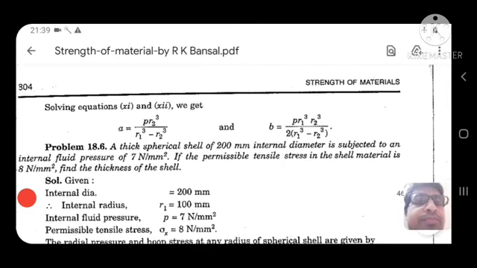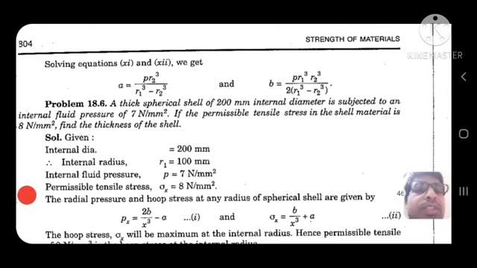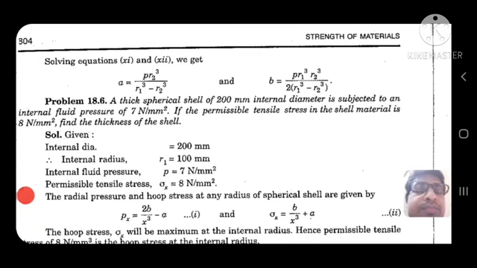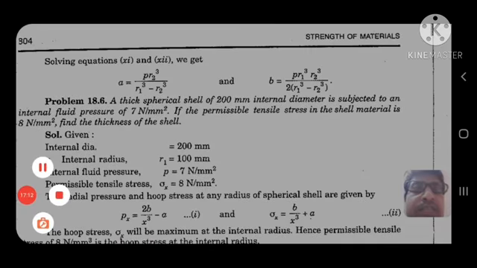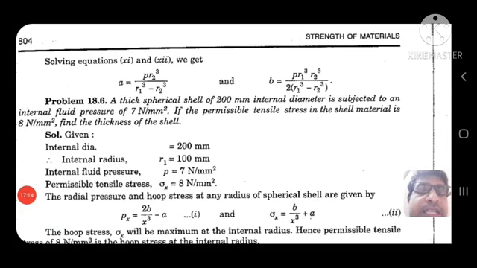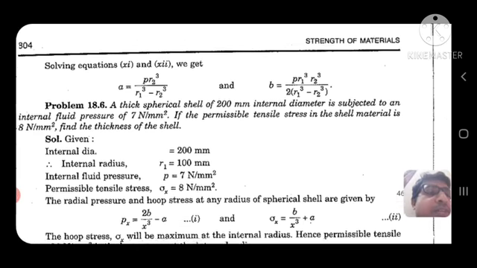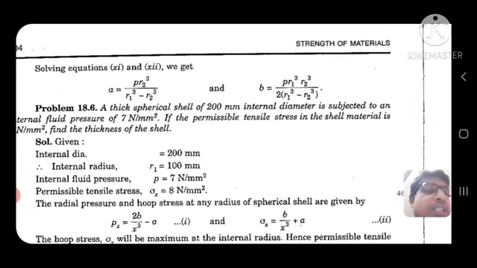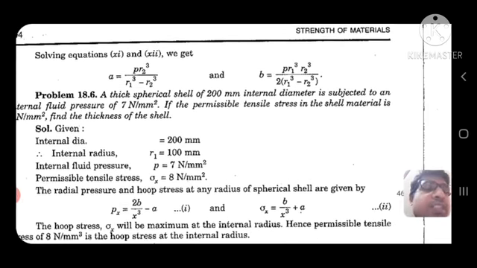Now solving the equations, you get a equal to p r2 cube divided by r1 cube minus r2 cube, and b equal to p r1 cube r2 cube divided by 2 into r1 cube minus r2 cube.